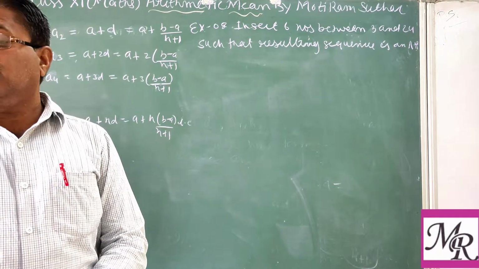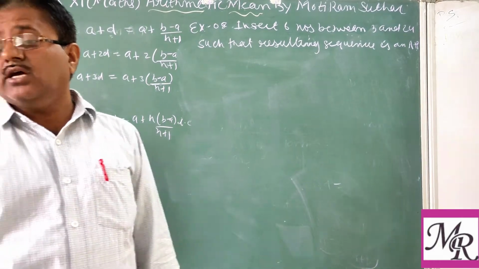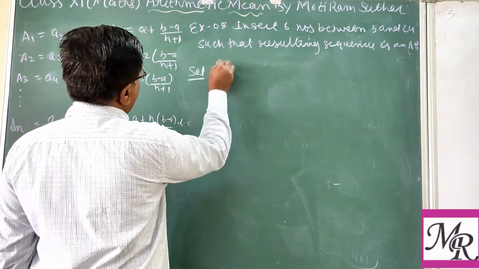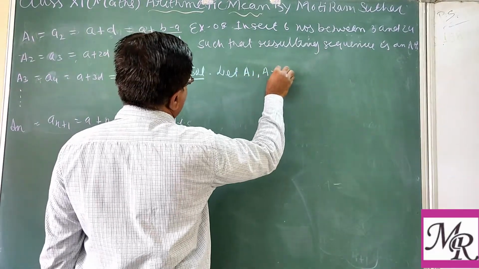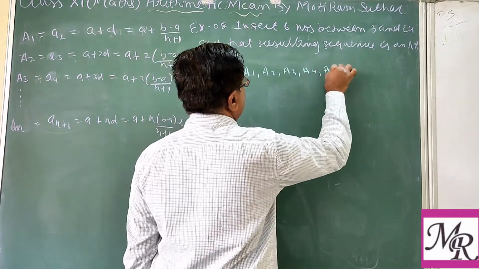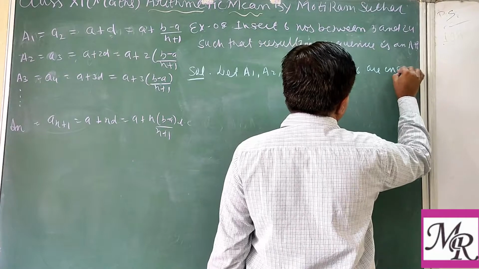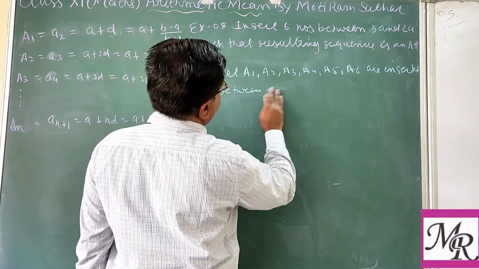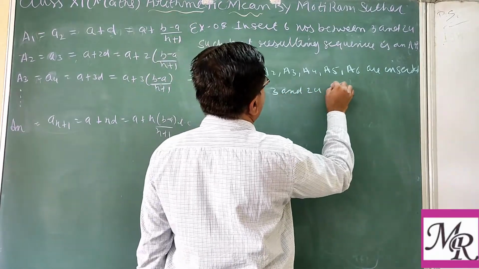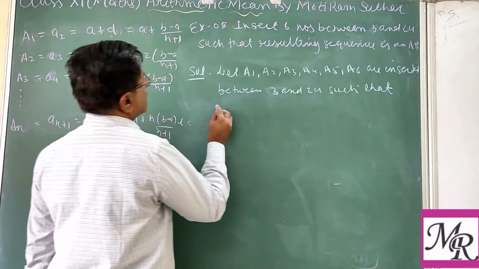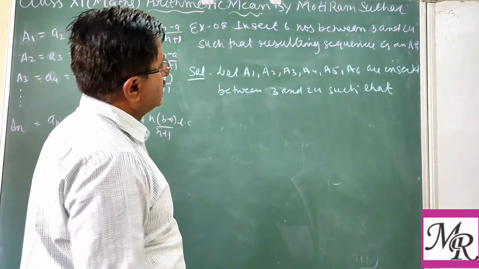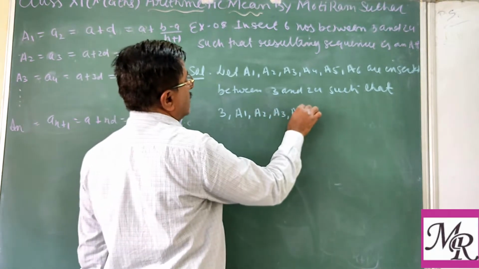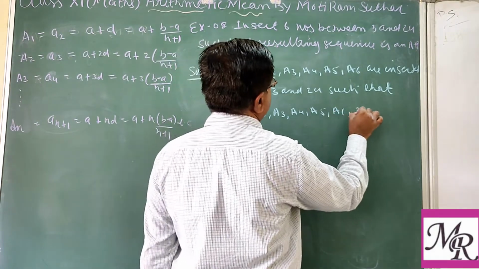So we can say here, in the solution, write down: let the 6 numbers, that is A1, A2, A3, A4, A5 and A6, be inserted between 3 and 24 such that the sequence forms an AP. So the first number is 3, then you insert A1, A2, A3, A4, A5 and A6, and the last number is 24.